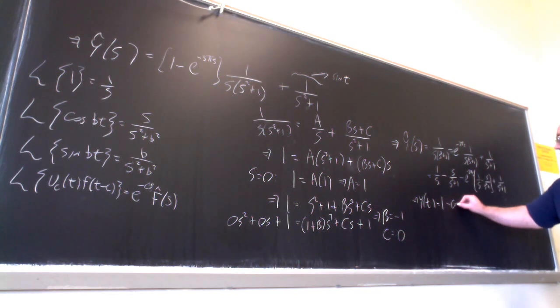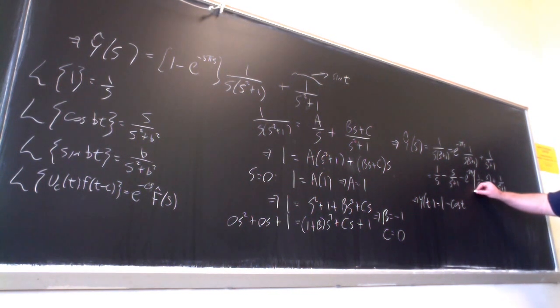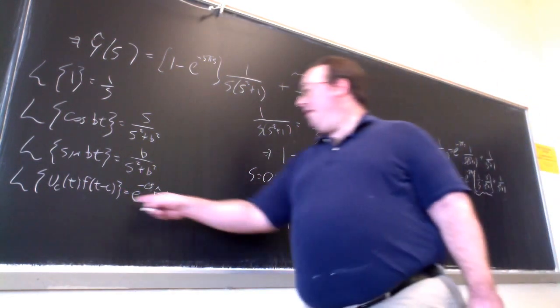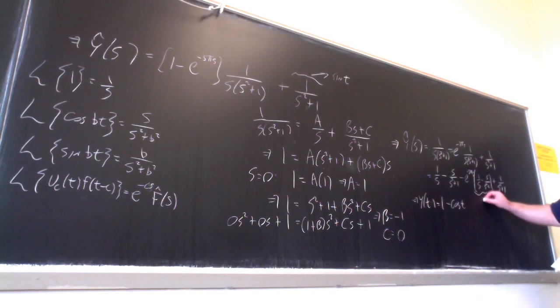Cosine, minus cosine t. And here, you can think of this as trying to fit this rule, obviously, because it's the only one that has a step function transform in it. So you can think of this as playing the role of f hat of s.